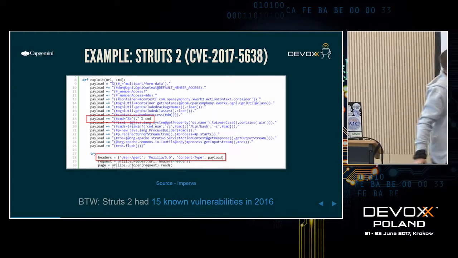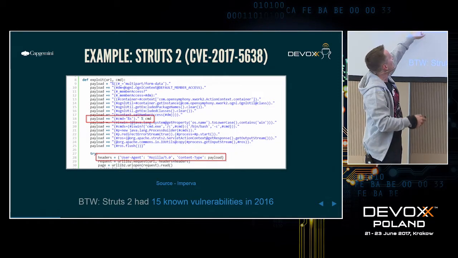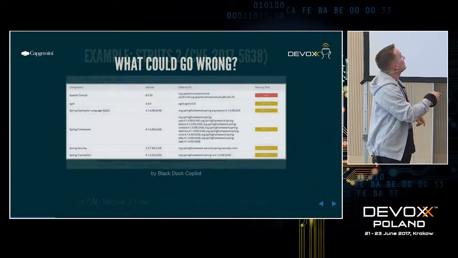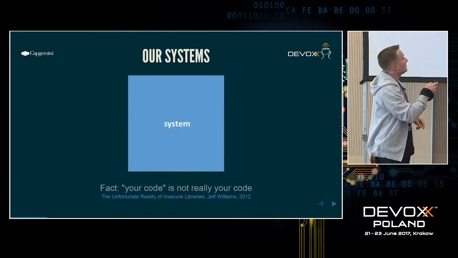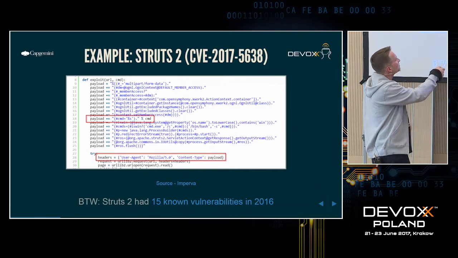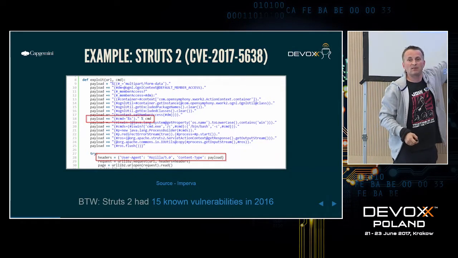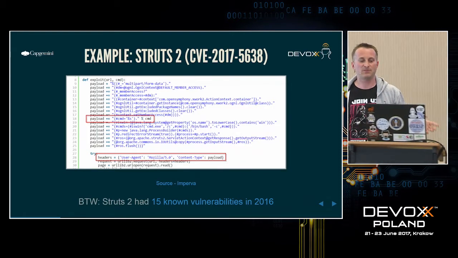Look at the headers, here is the content type, and the payload is kind of big, but you can see the place where the command to be executed is injected. 10 out of 10.